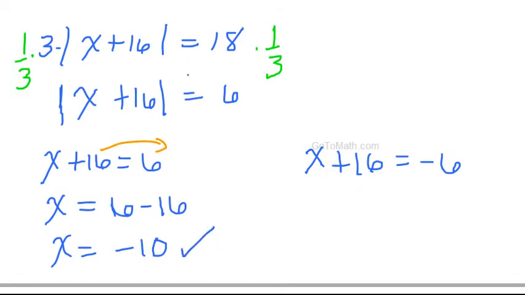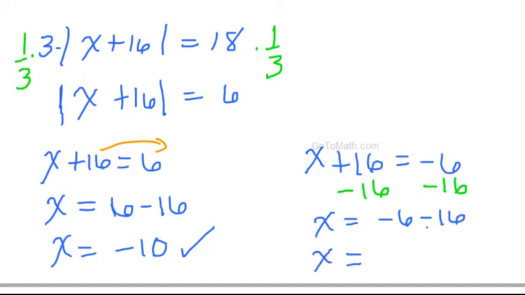And then for the other one, we subtract 16 from both sides, or just move the 16 over, and we're left with x is equal to -6 minus 16, which means that x is equal to -22. Is that right?